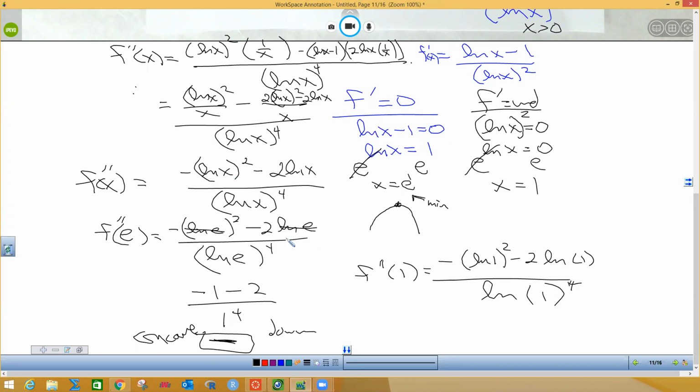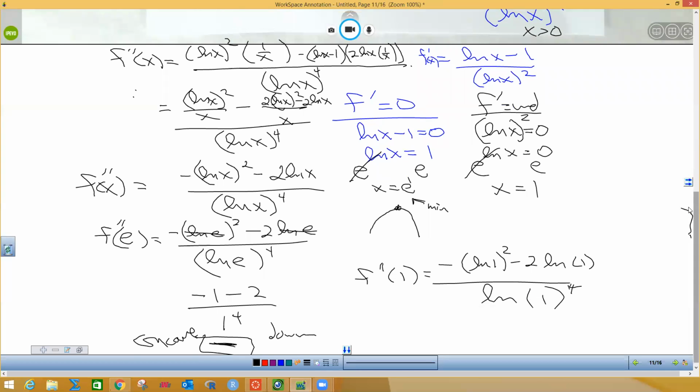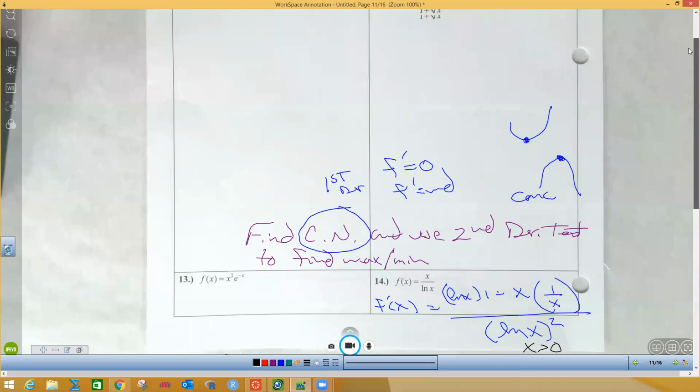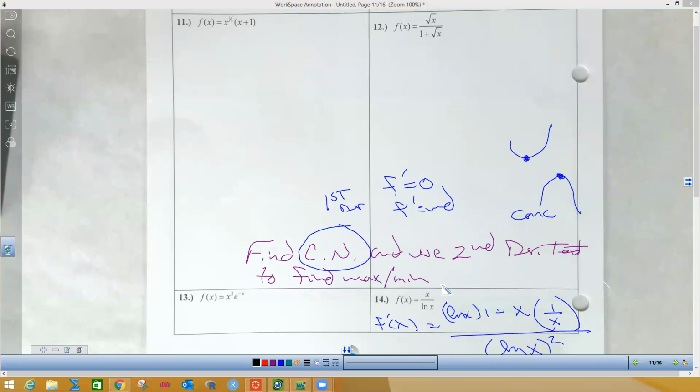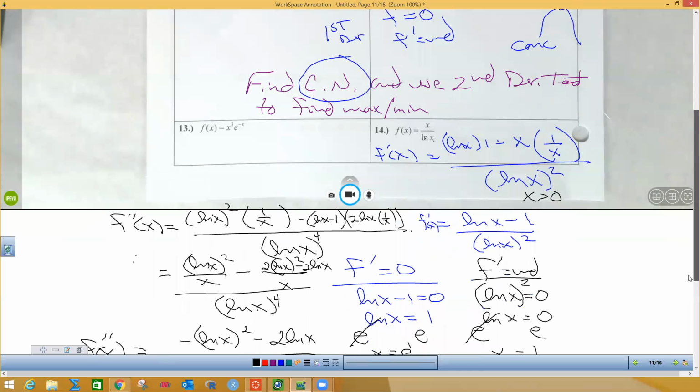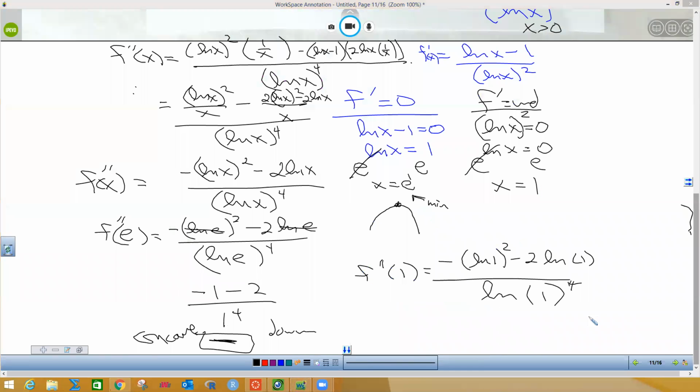So actually, maybe I should go back up to the original problem. Looks like to me this is going to be undefined here. Yes, this is going to be undefined because if I do natural log of 1, that puts a 0 on the bottom, which is not possible. So I get nothing from this. This is undefined.